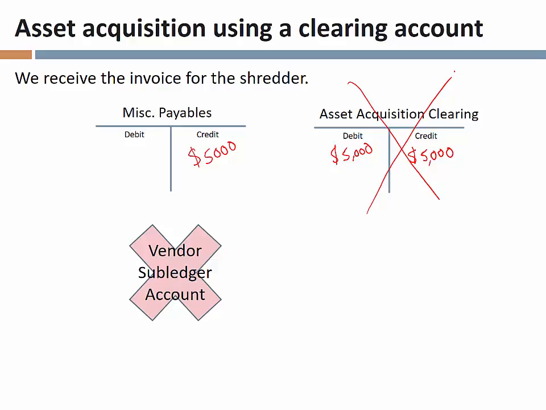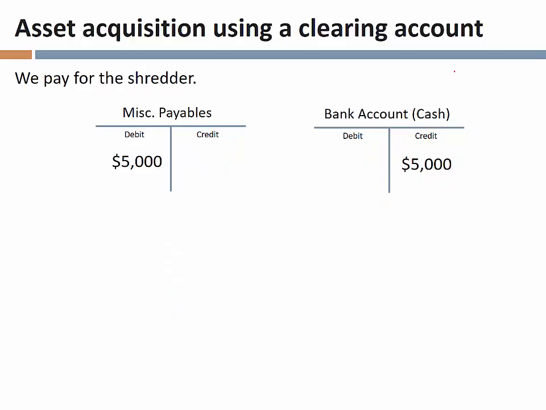So there's just one step left, and that's actually paying for the shredder. When I pay for the shredder, I'm going to be crediting my bank account. Nonetheless, we have the miscellaneous payables now being debited $5,000, and my bank account being credited.